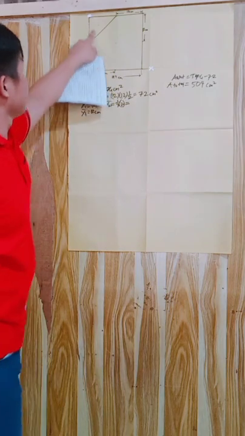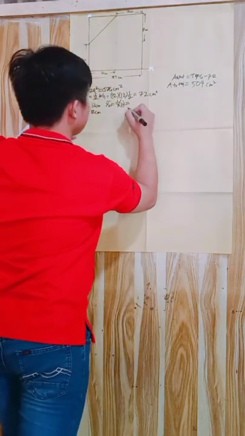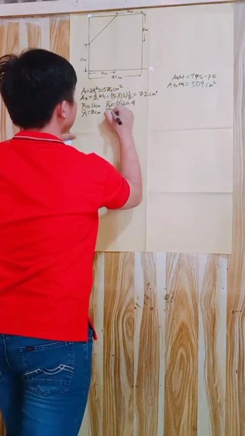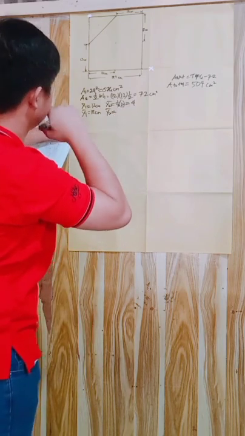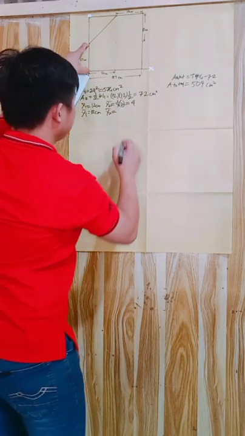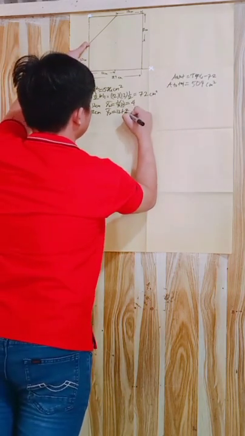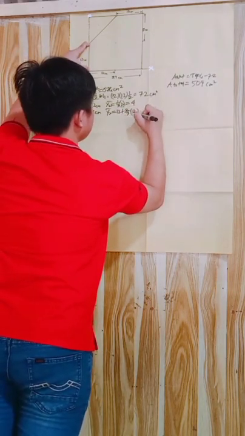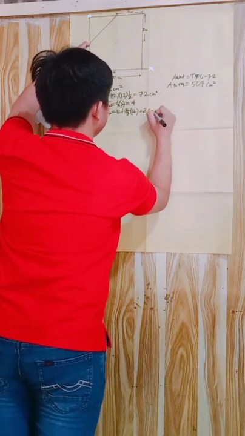One-third of the base is equal to 4. Then y bar 2 is equal to 12 plus 2 over 3 of the base, which is equal to 20.